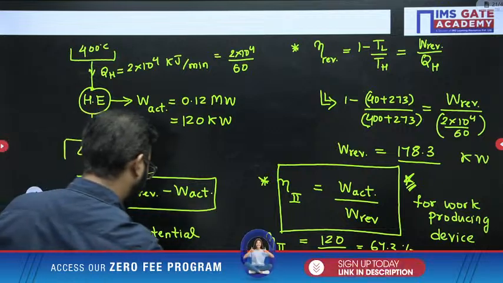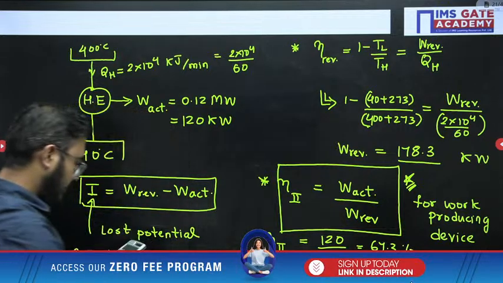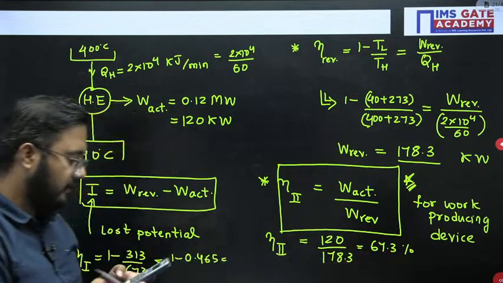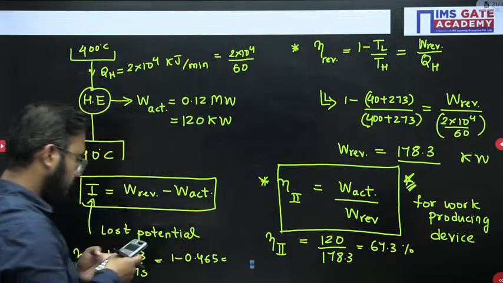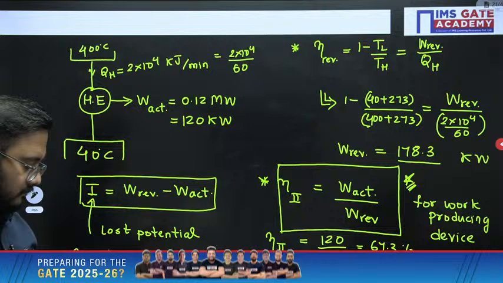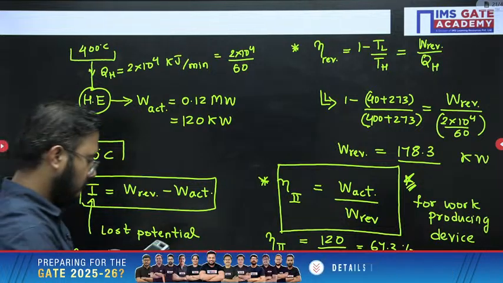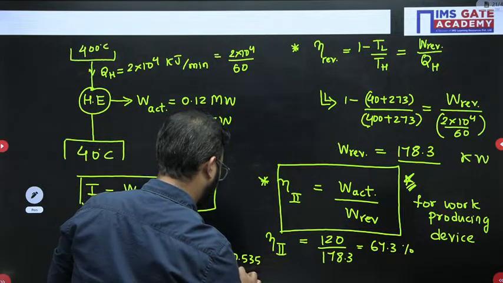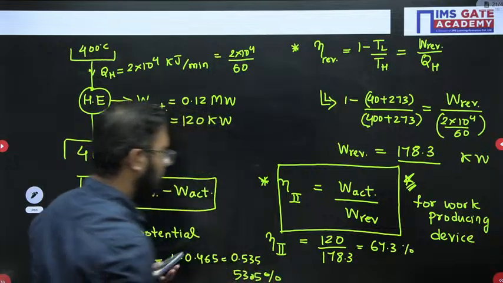It is 1 minus 0.465. So the answer you will be getting is 1 minus 0.465, which is 53.535, or we can say 53.5%, like this.